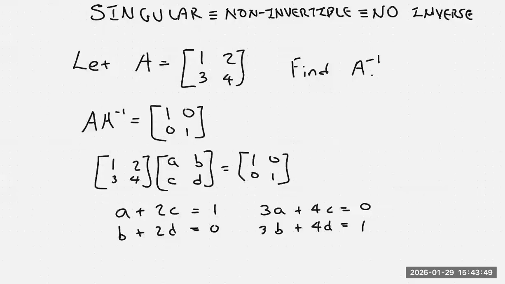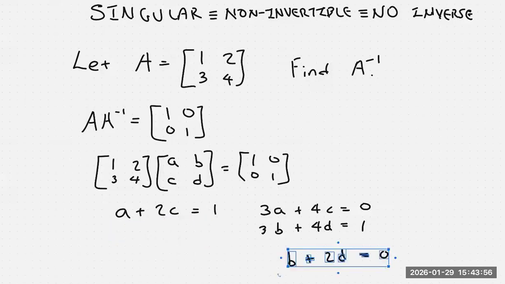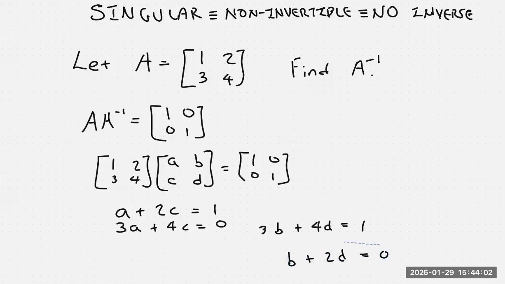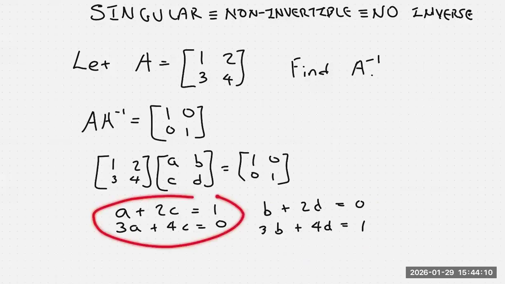Now, I'm sorry I wrote it like this. Let's use some common sense and move this around. Put this down here and that one up here. We can combine those. So from these two here, we can multiply the top equation by 3 and subtract it from the one down here, and we get a nice result.